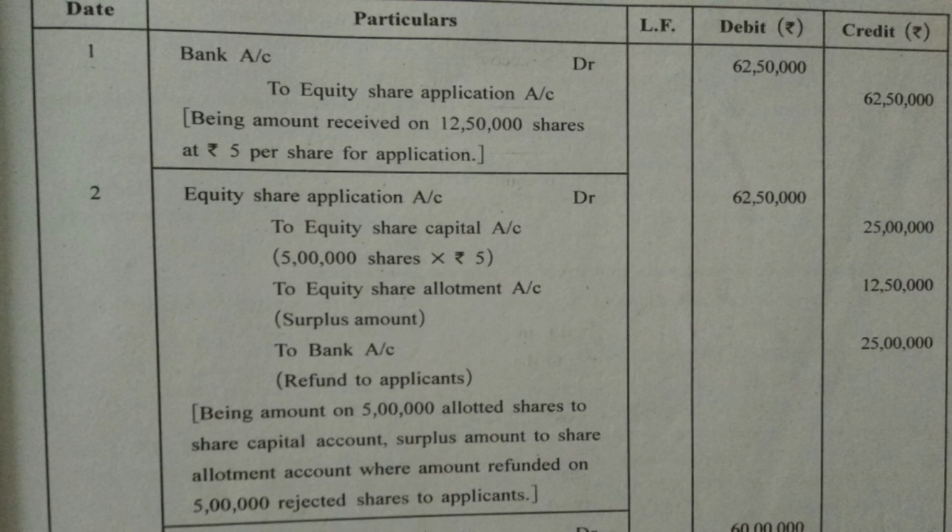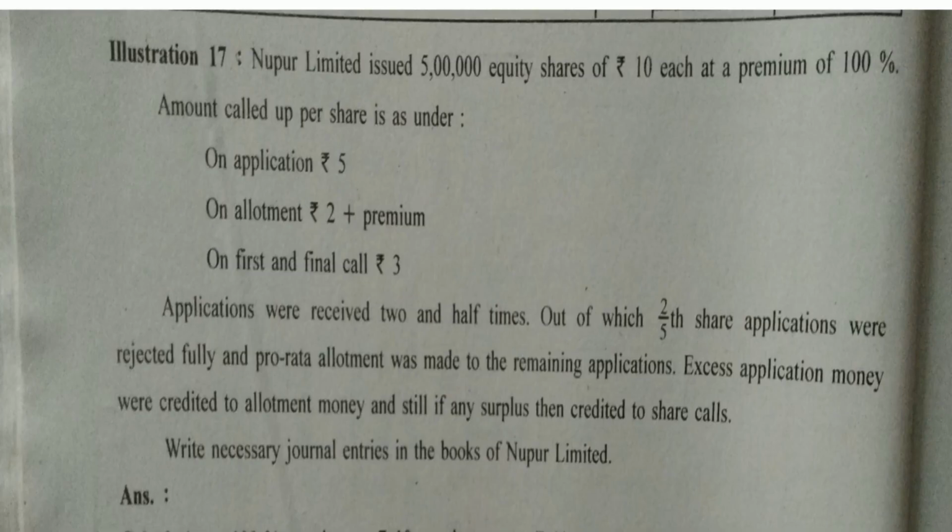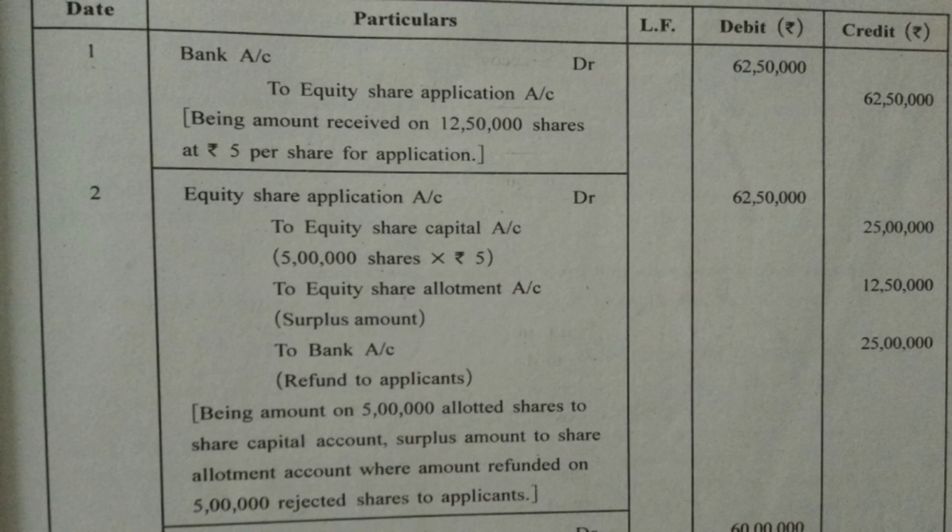We'll split all the amounts in the second journal entry, which says equity share application account debit 62,50,000 to equity share capital account. How many shares have we issued? 5 lakh. So obviously 5 lakh into 5 is to be transferred to equity share capital account, being application money received. It's just that simple. 25 lakh. How? 5 lakh into 5.